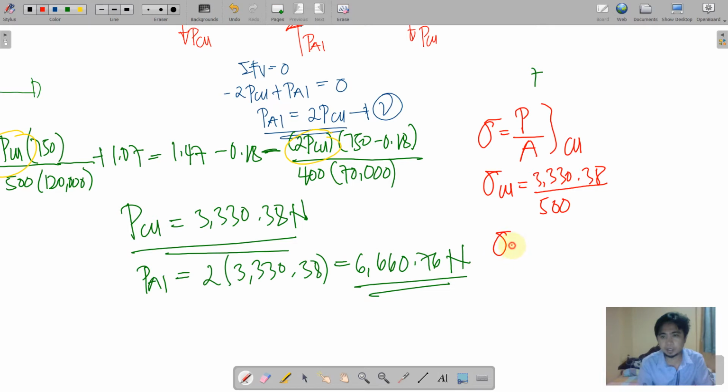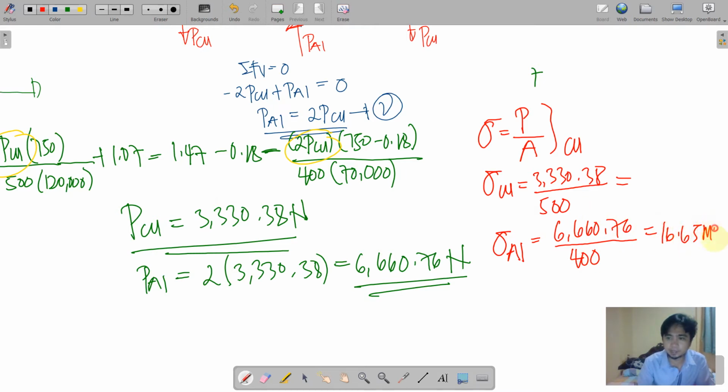And for aluminum, we have 6,660.76 all over its area, which is 400. So we have 16.65 megapascals for aluminum, and for the copper, we have 6.66 megapascals.